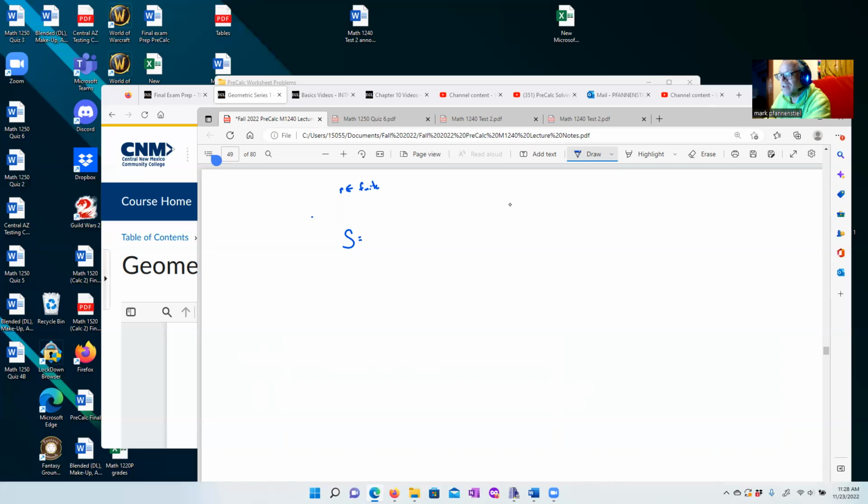Like, the series 1 minus 1 plus 1 minus 1 plus 1 minus 1, dot dot dot. Clearly it's either 1 or 0 depending on which collection of terms that you take.